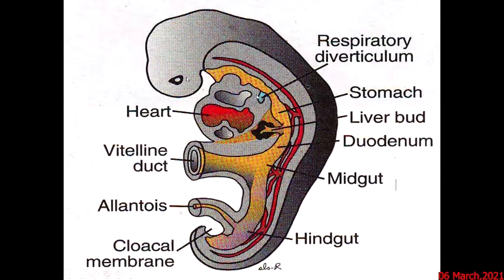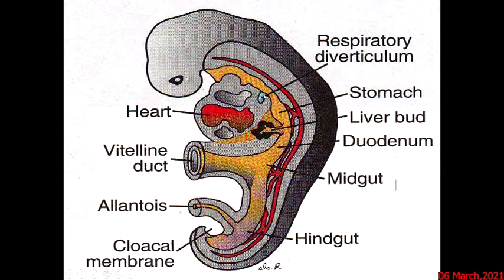Now this respiratory tract arises from the ventral wall of the upper part of the digestive tract. This one. Naturally, the lining epithelium, starting from the larynx, should be endodermal, right? Here the lining will be endodermal. So I talked about the larynx.